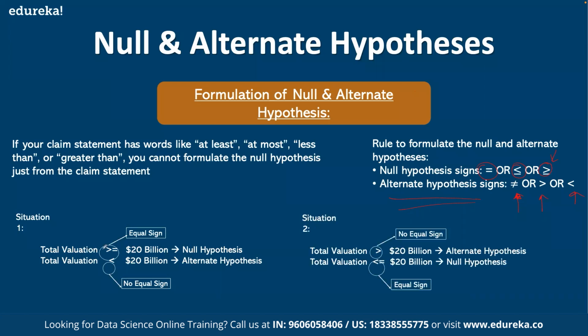In this example, I have made use of the greater than or equal to sign, hence in my alternate hypothesis I've got less than. That's the overall way in which we formulate the null and the alternate hypothesis.